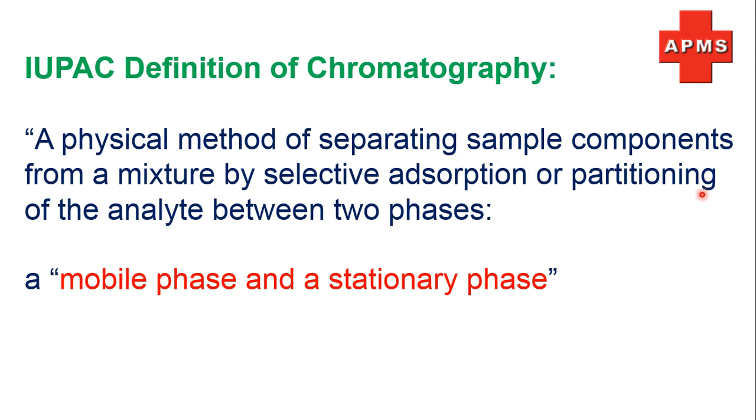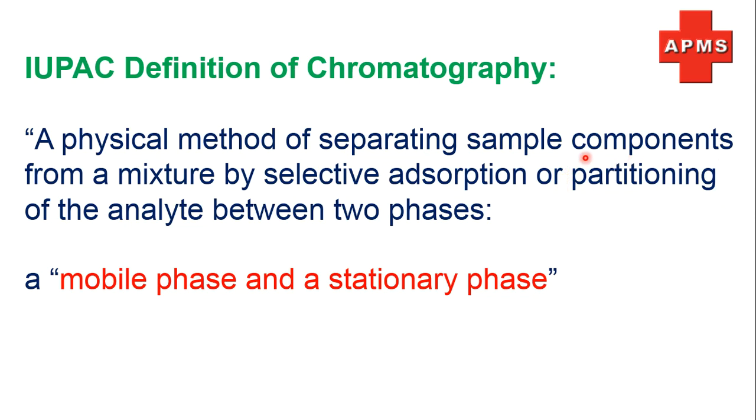And what is partitioning? Partitioning takes place between two liquids where one compound is dissolved in both liquids. It should be remembered that both liquids should be immiscible. When we take both liquids in a single beaker, they form two layers.